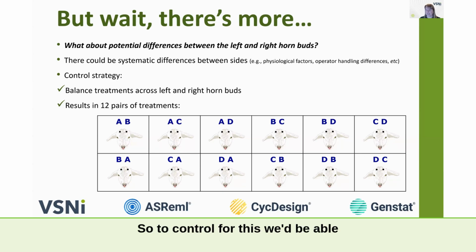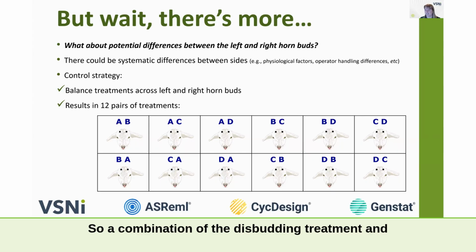So to control for this, we balance the treatments across those left and right horn buds, and this resulted in 12 pairs of treatments. So a combination of the disbudding treatment and also the side of the head it was applied on.